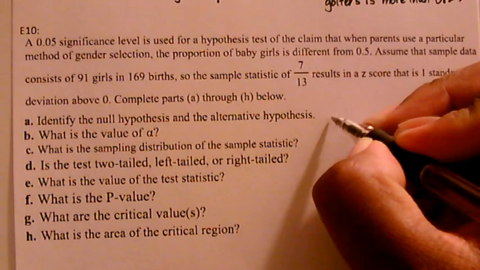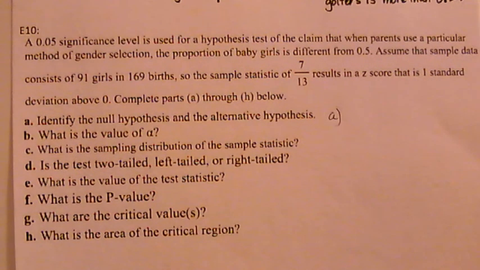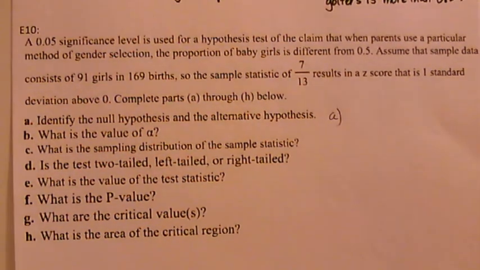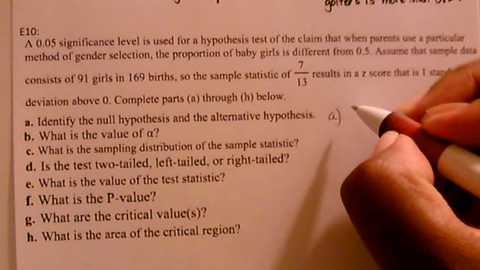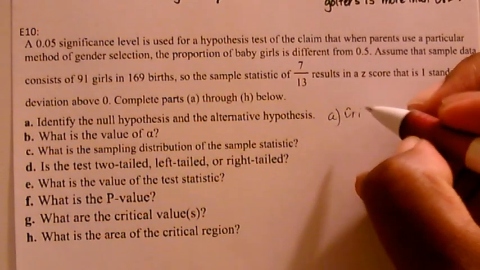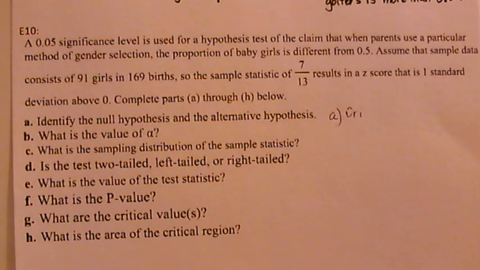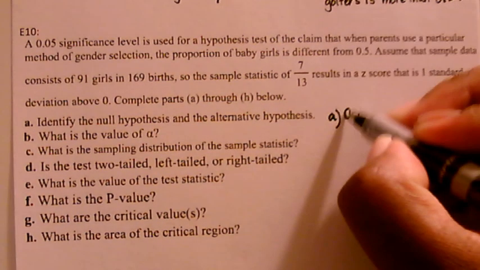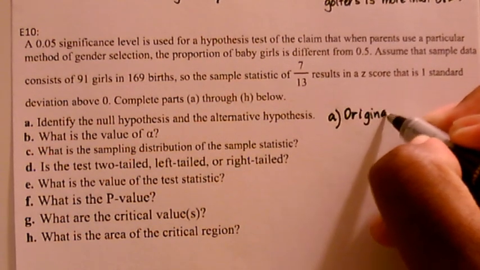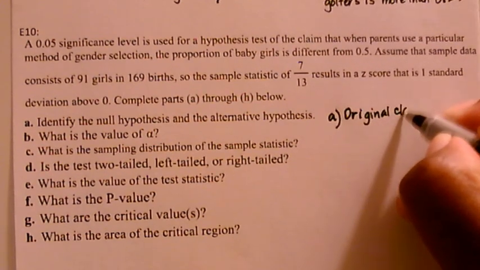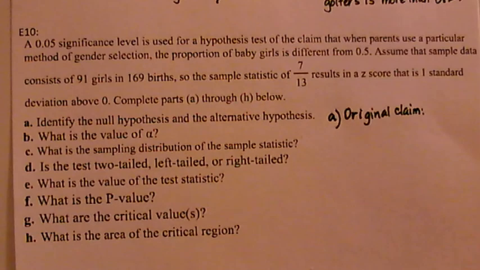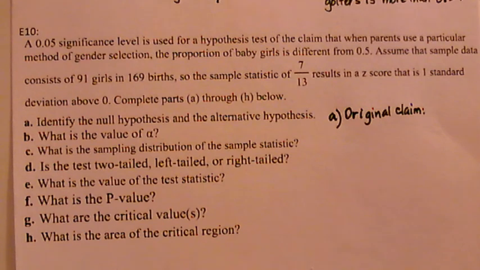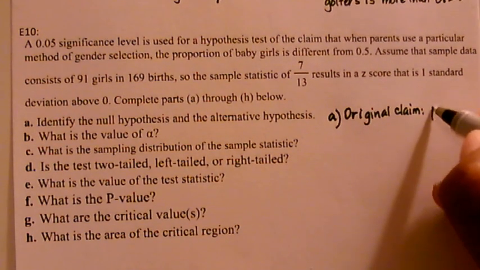So we'll start with part A. Here we want to state the original claim. Okay, starting with the original claim, where the proportion of baby girls is different from 0.5.